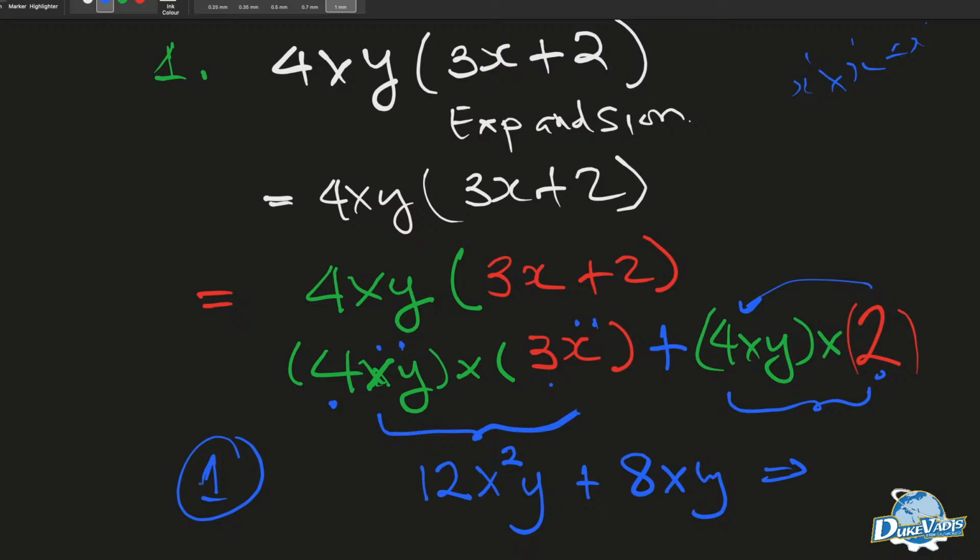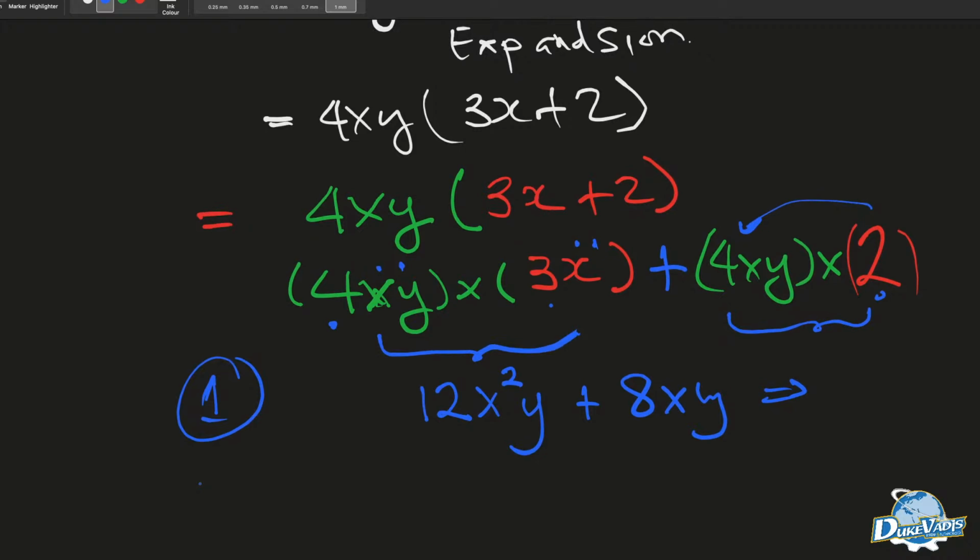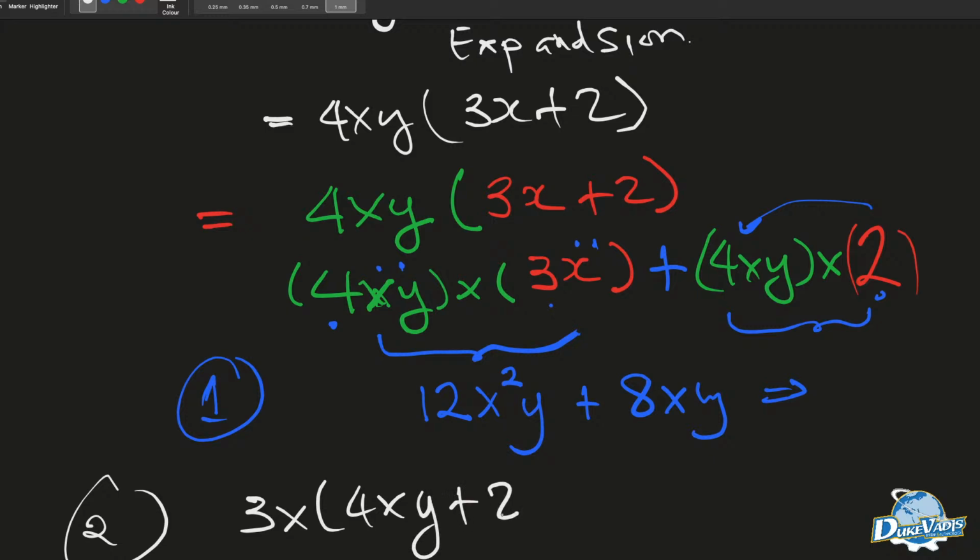Now, let's look at question 2, which is also simplification. Question 2 says we have 3x out, 4xy plus 2 into bracket.